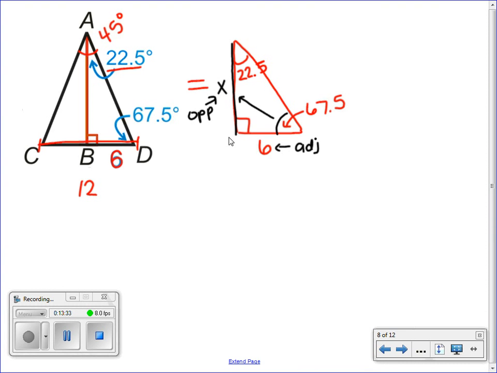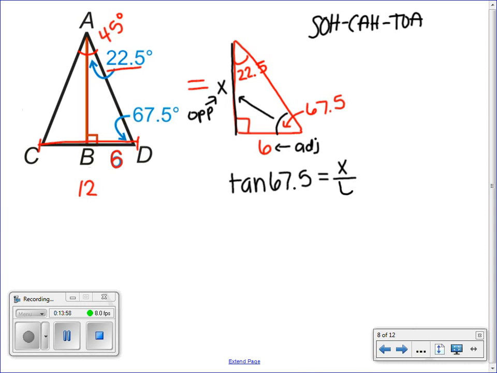So if I think about my trig ratios, who has opposite and adjacent in it? Tangent. So I'm going to take tangent of that angle, 67.5, equal to the opposite, my X, over my adjacent, 6.